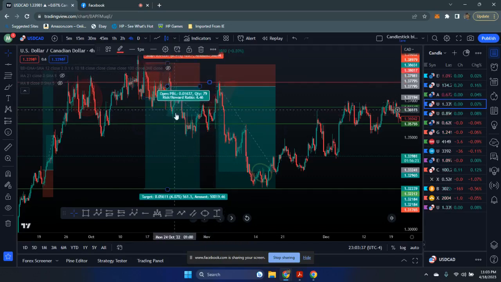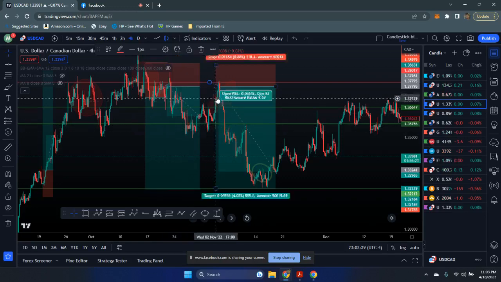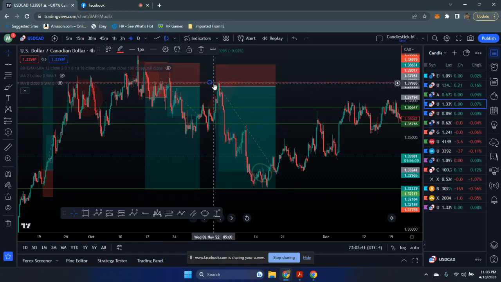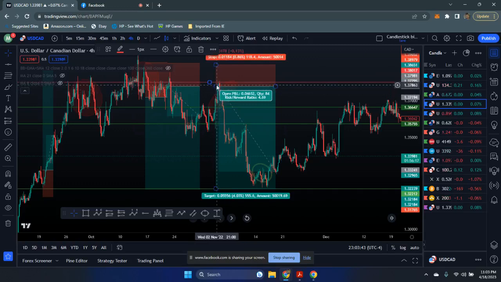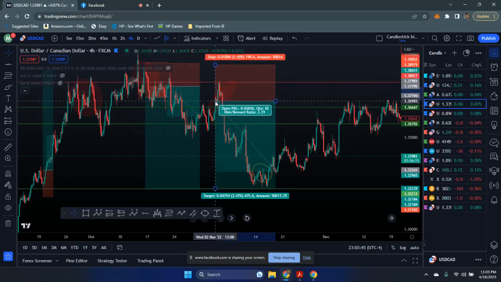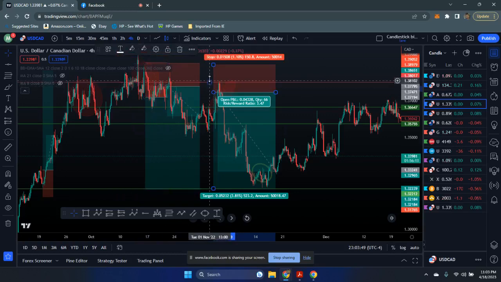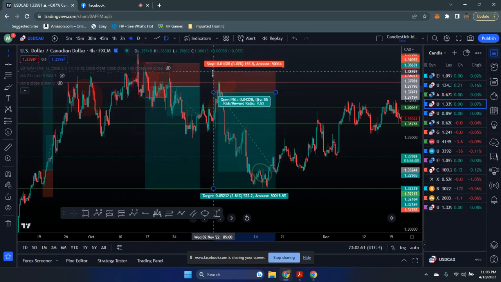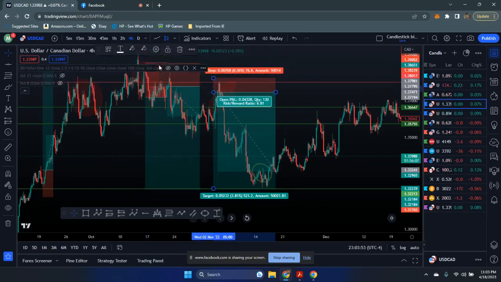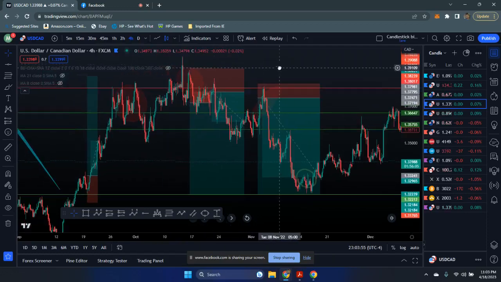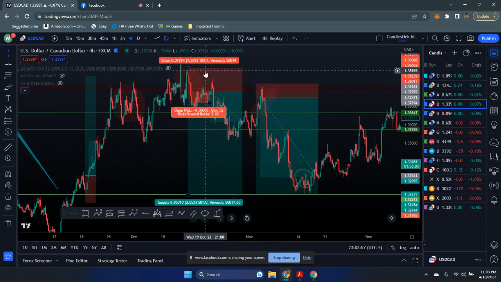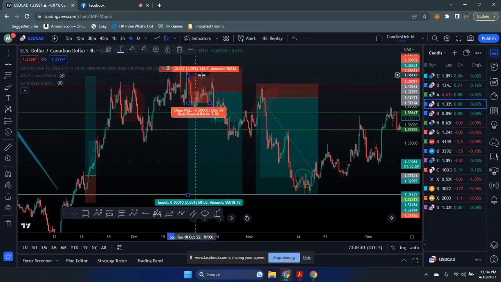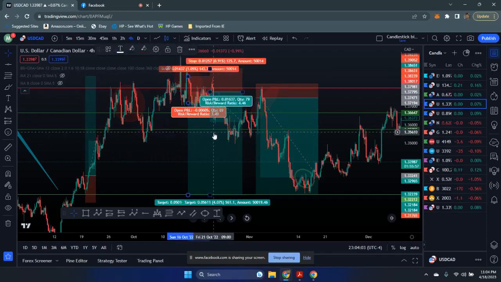So we did get in too early, but yet she did follow along, and we would have gotten in after the bullish engulfing right here, right? Put our stop loss here, 143 pips.